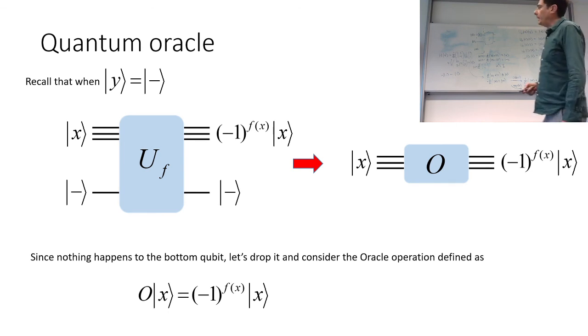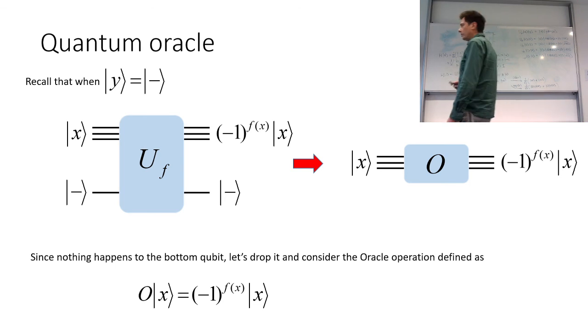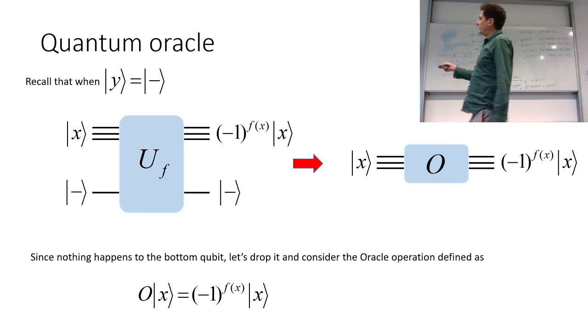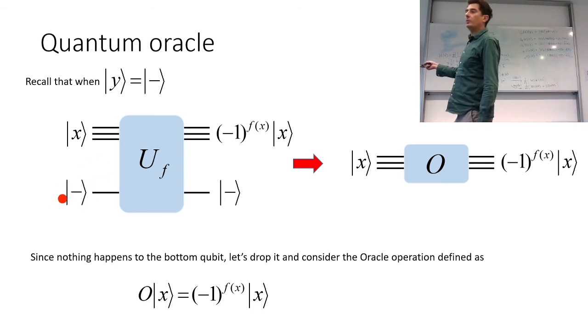And we're going to use, again, the same trick that Deutsch used, where instead of having a 0 as the input, which might be the natural thing that you might think of doing, we always set this bottom input qubit to this minus state.